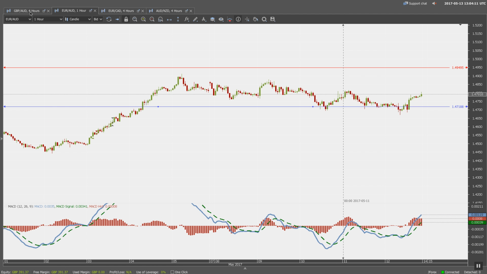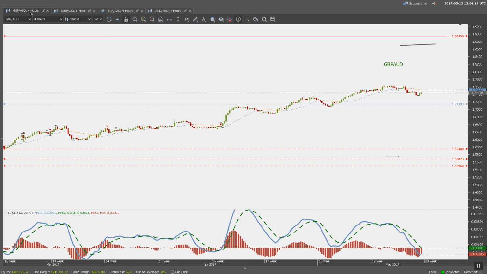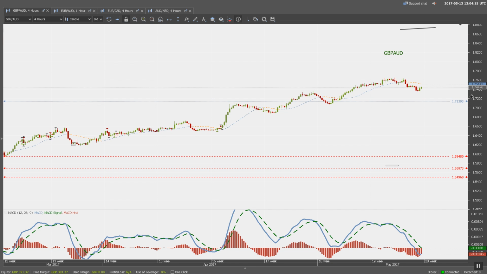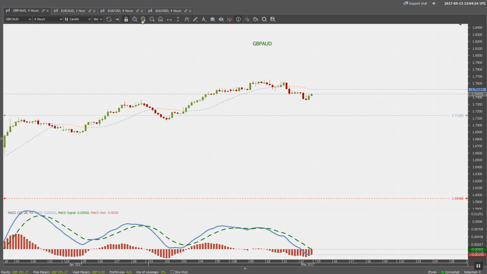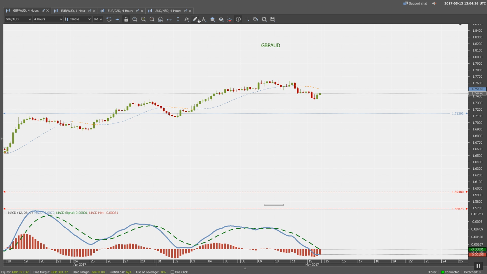The other one, pound Aussie. Okay, again, we have divergence on this pair and a trend line break. Let's make this a little bit bigger. So there's the trend line break. There's the retracement.